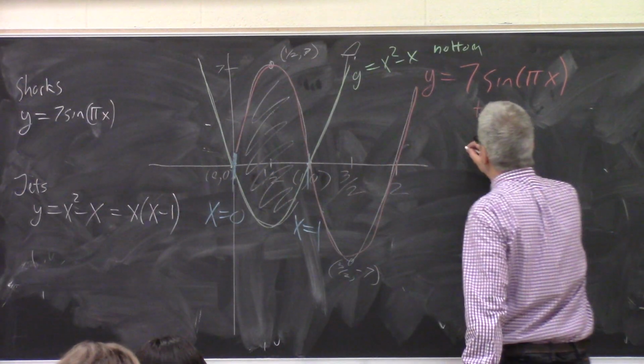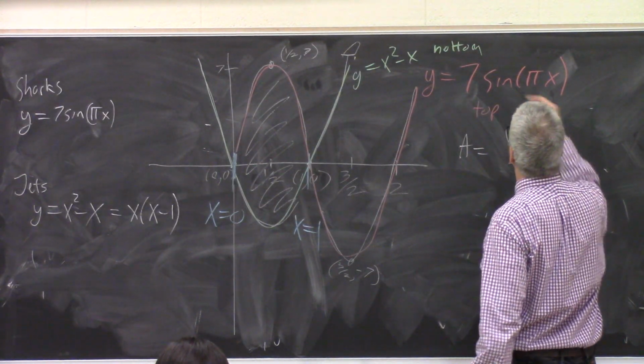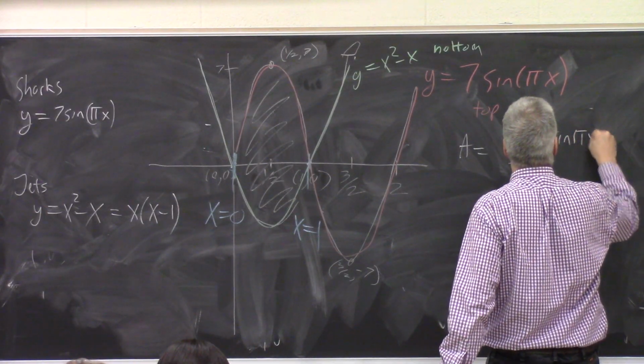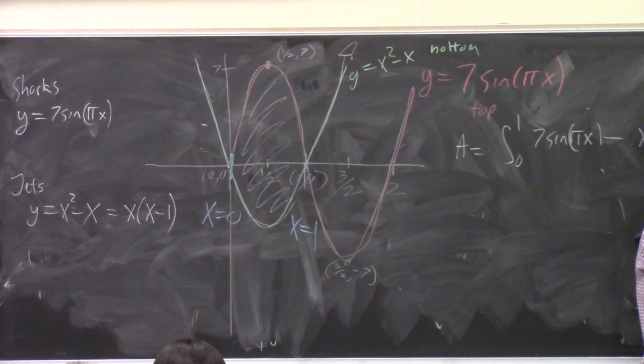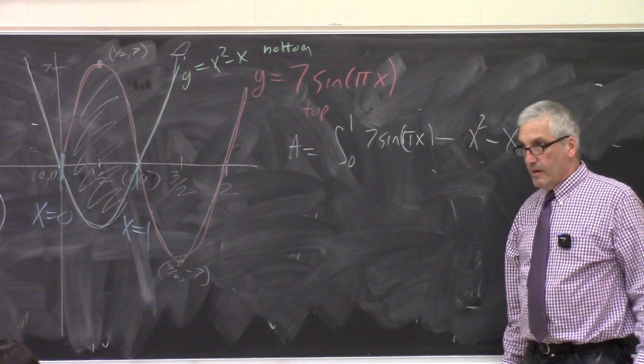So my area is going to be the integral from 0 to 1 of the top, so 7 sine pi x, minus the bottom, x squared minus x. Great. How'd I do?